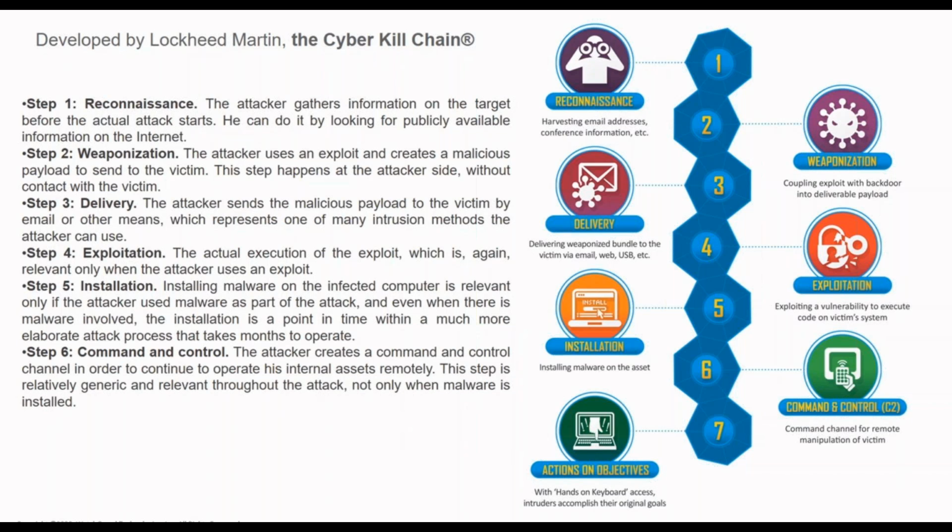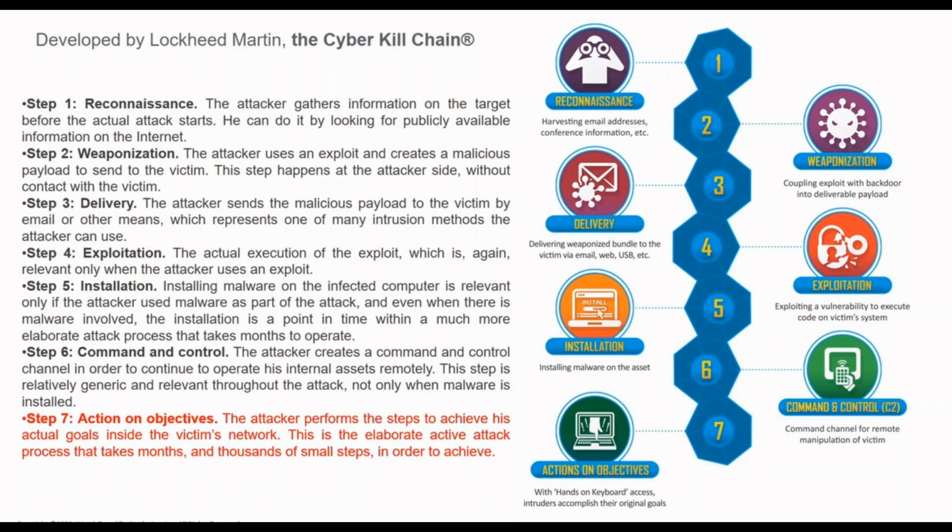The command and control is actually a channel that is being created between the attacker and your environment, so that they can, they already gained the trust. They can go in and out from the network, collect information. Maybe they reside there for a longer time to collect more information. And at the end, that's the time that the attacker performs the steps to achieve the actual goal.